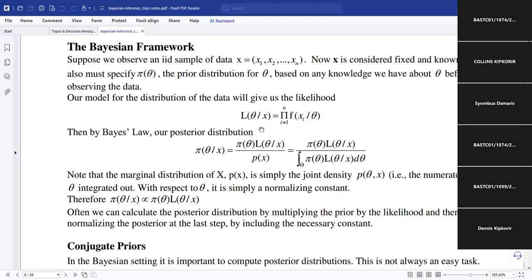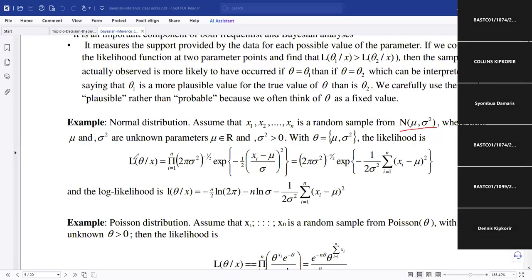So let me just discuss these. The data follow a normal distribution with mean mu, variance sigma squared, where both mean and sigma squared are unknown parameters. The mean is within the range of real numbers, and sigma squared is greater than 0, meaning the variance is positive.